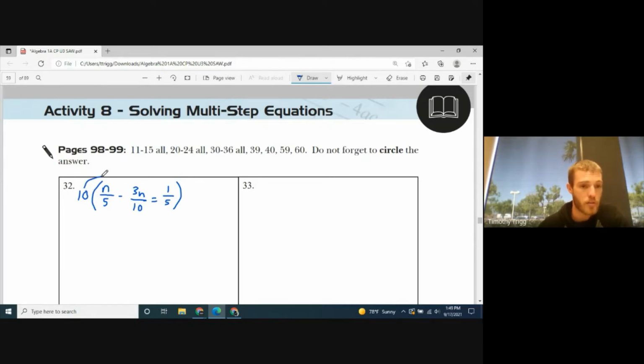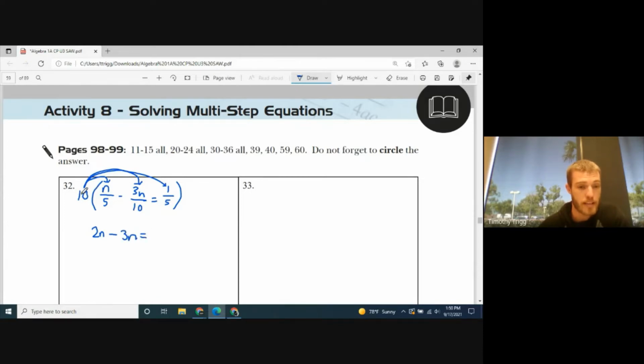So when we multiply this through, what's going to happen is you're going to divide by the denominator and then multiply by the numerator. So 10 divided by 5 is 2, then times n, so that's going to be 2n. Here, where you're multiplying by matches, it just cancels, right? So that's just going to leave you with 3n.